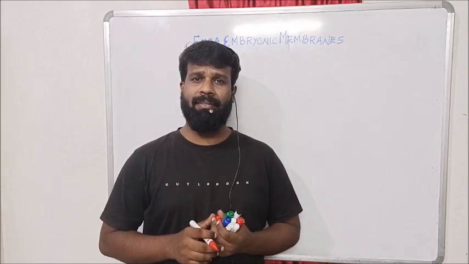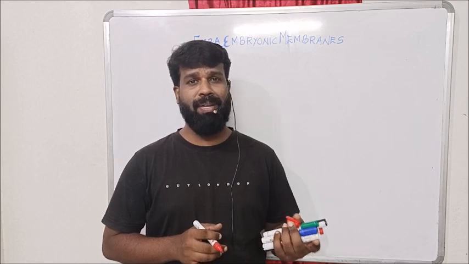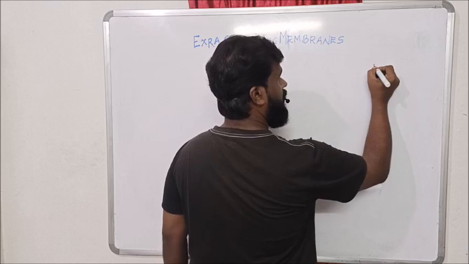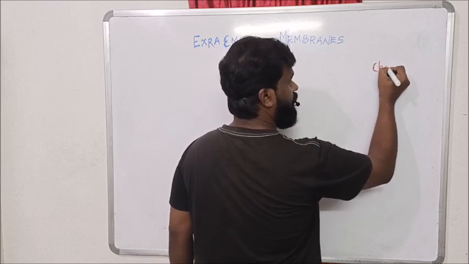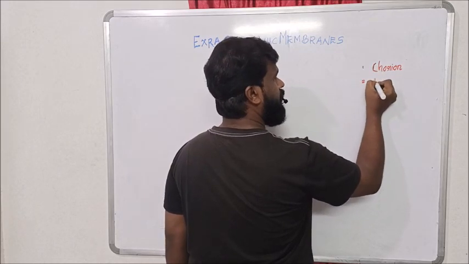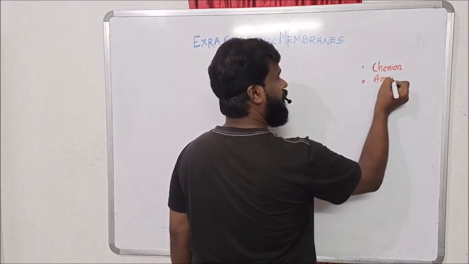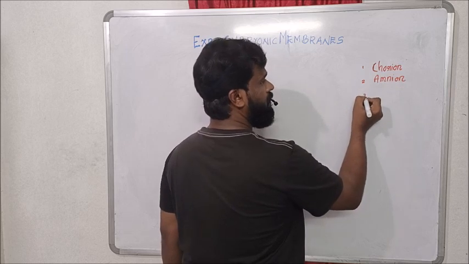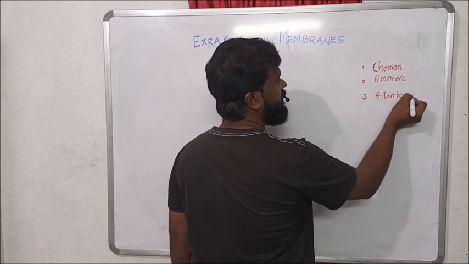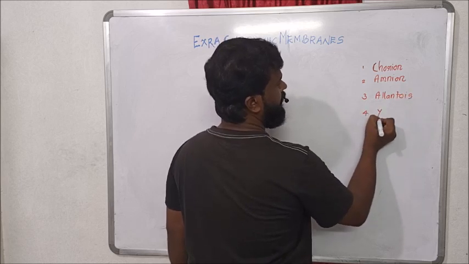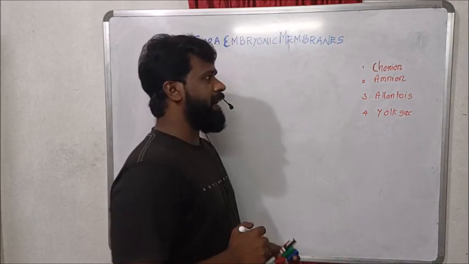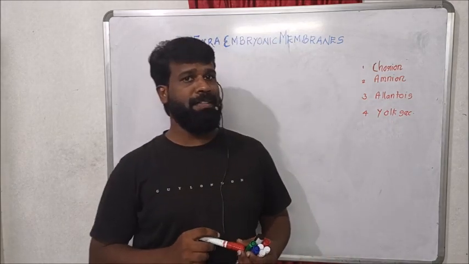Here in humans, these extraembryonic membranes are chorion, amnion, allantois, and yolk sac. These are the extraembryonic membranes in humans.